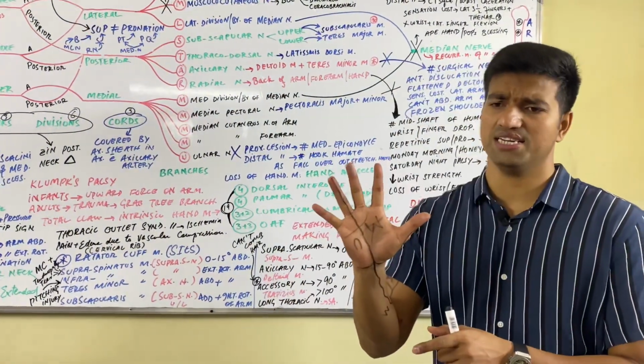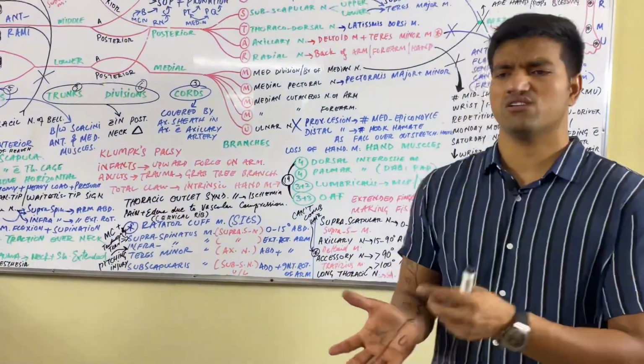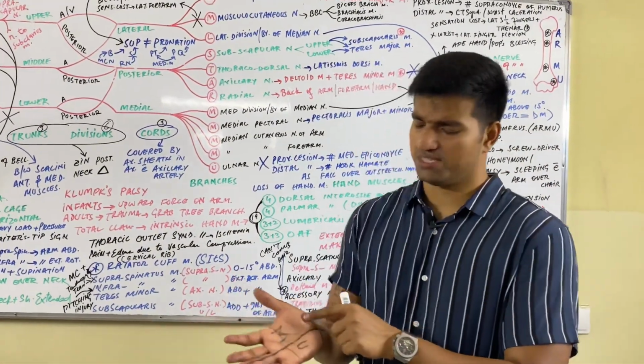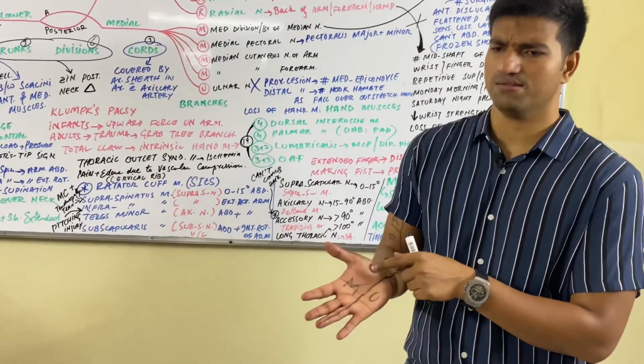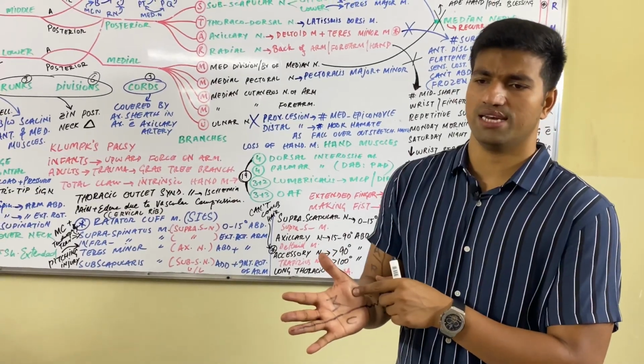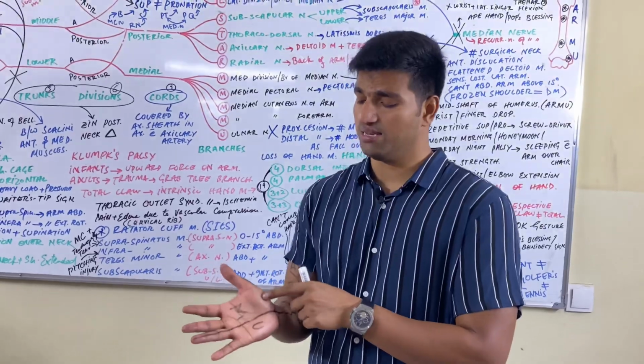There are a total of 19 muscles of the hand. 14 muscles of the hand are innervated by the ulnar nerve and only 5 muscles of the hand get innervation from the median nerve. How? See, these 3 muscles that make the thenar eminence by the median nerve, plus 2 lateral lumbricals. These 5 muscles get innervation by the median nerve.